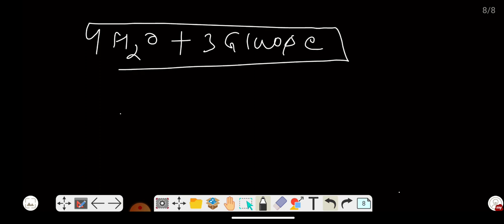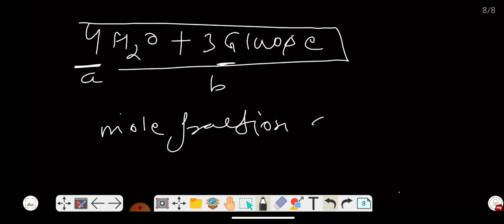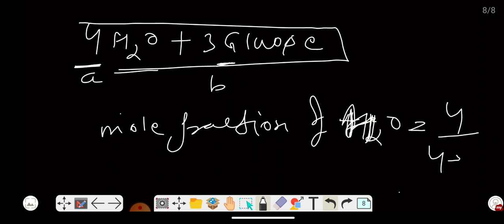So applying the previous formula, let's suppose this will be A and this will be B. So the mole fraction of A, or H2O, is equal to 4 upon 4 plus 3, which is 4 by 7.